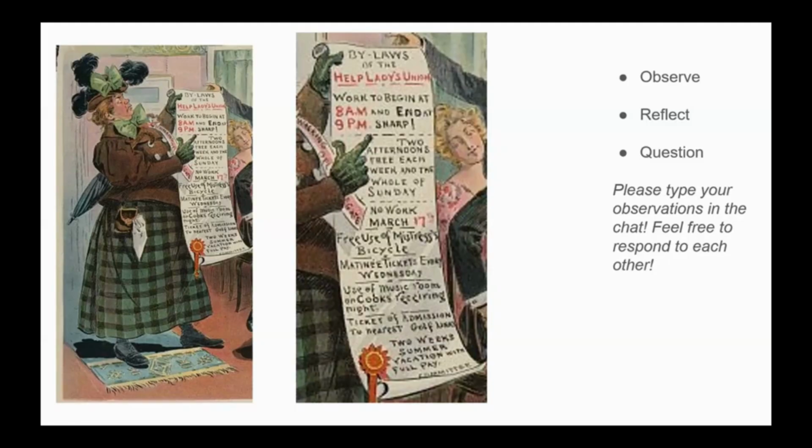Work begins at 8 a.m. and ends at 9 p.m. sharp. 2 afternoons free each week and the whole of Sunday. No work March 17th. Free use of Mistress's bicycle. Matinee tickets every Wednesday. Use of music room on Cook's receiving night. And tickets of admission to nearest golf something. 2-week summer vacation with full pay.